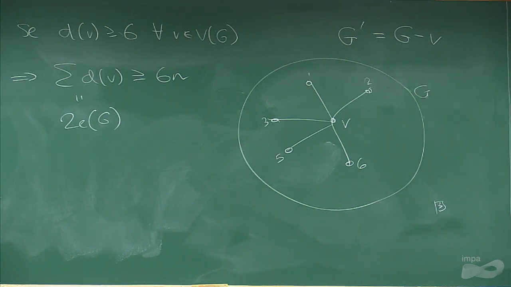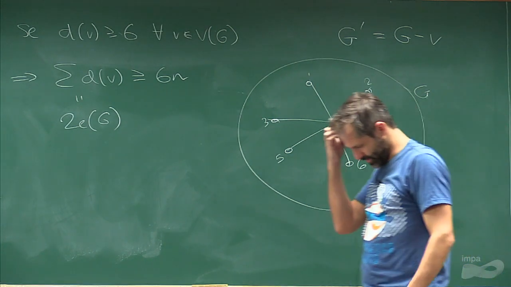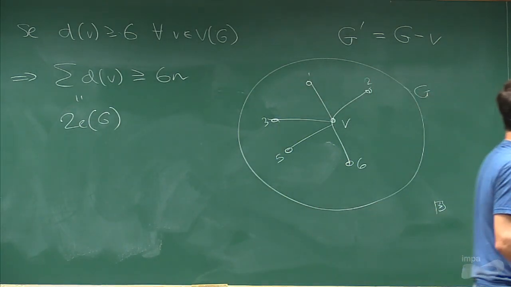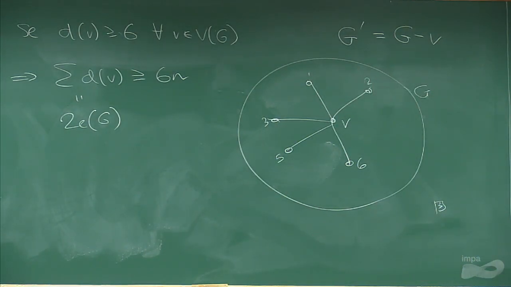So more generally, an observation: for any graph G, the chromatic number of G is at most the maximum degree plus 1.